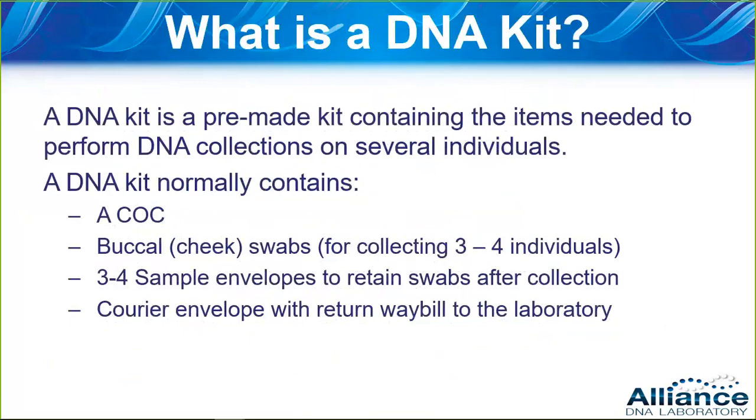And then also, normally there's a courier envelope with a return waybill back to the laboratory. So once you've completed the collection, taken the photos and everything, you would package everything up into the courier envelope, such as the UPS or FedEx or DHL, and you would attach the waybill and give it to the courier for return to the lab.